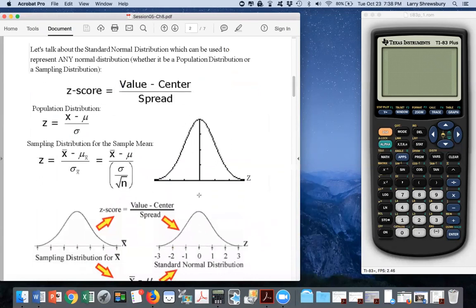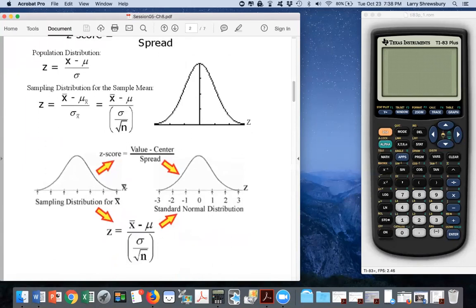Now, when you see, and this is going to start happening when you get into confidence intervals, you're going to see the standard normal distribution. It's important that you know this does not represent the population distribution. It's the standardized sampling distribution.